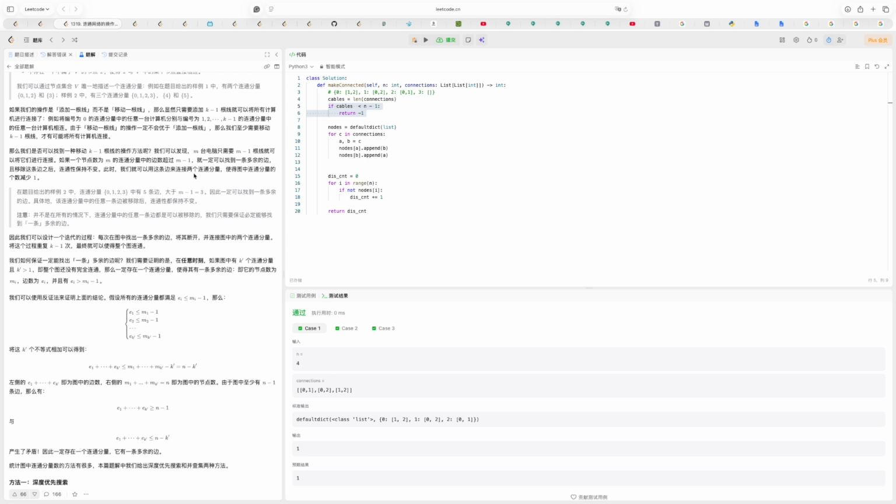And also if a group's node count is m, and its connected cables are more than m minus 1, then there must be extra cables, and we can use those extra cables to connect the k groups.